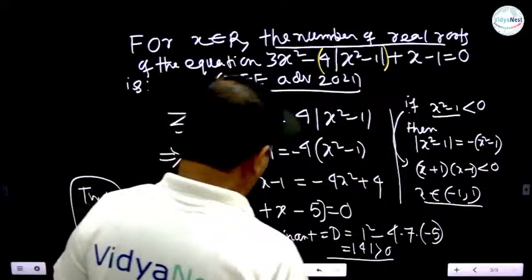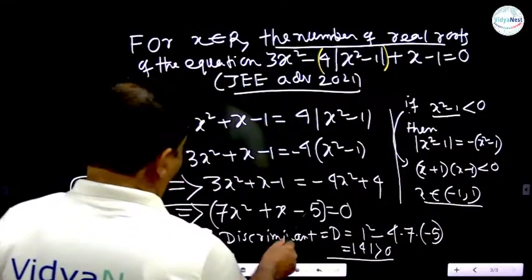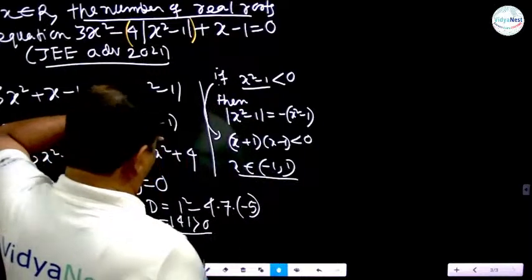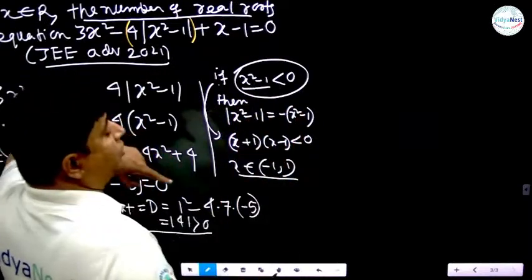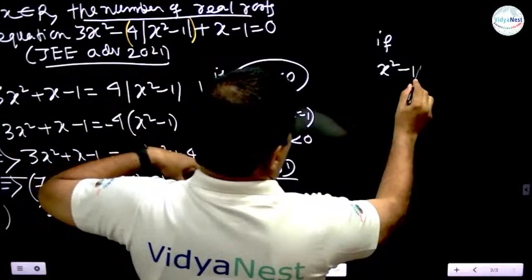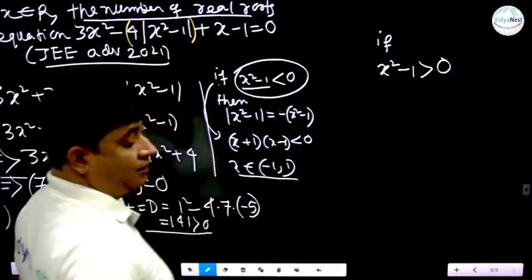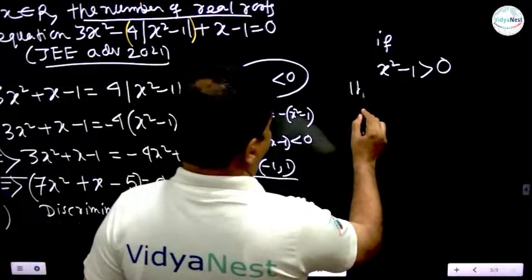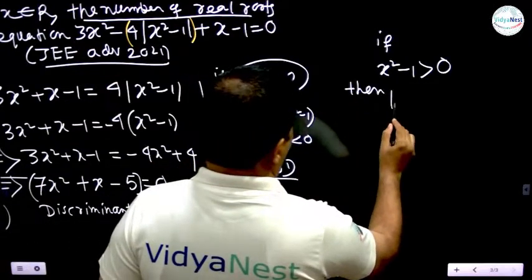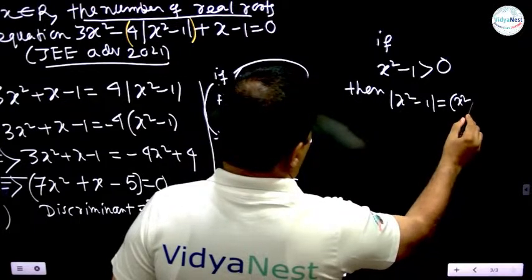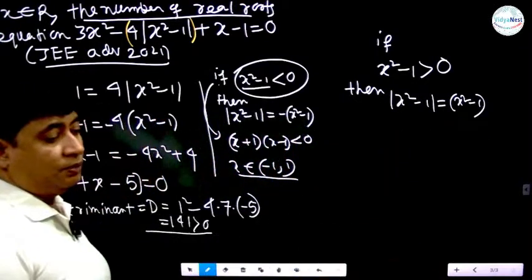Now another condition. अगर ये जो पार्ट हमने नेगेटिव लिया इसको अगर पॉजिटिव हो जाए, if that x square minus 1, if I take positive, in that case mod x square minus 1 will remain with plus sign. ठीक है.